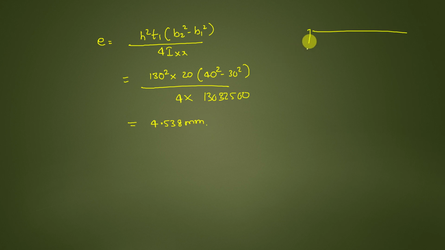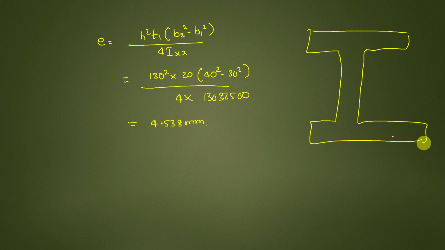So that means for this I section, this is 10 mm, right? If you locate the shear center from the central axis of the web, it will be at a distance of 4.58. Have you observed this is inside the section?